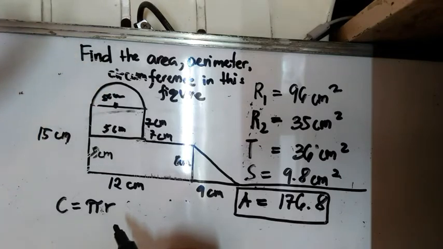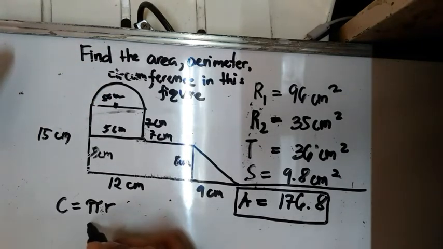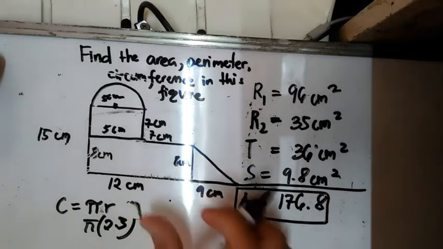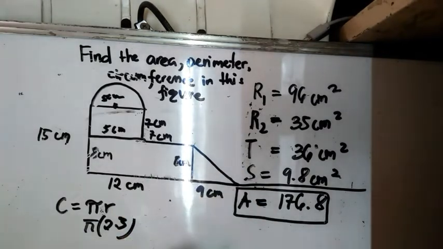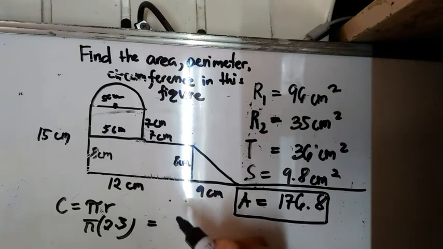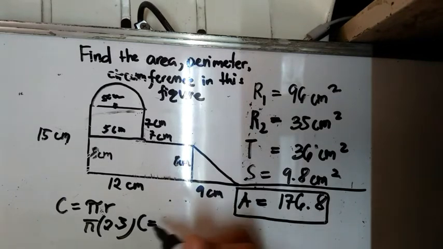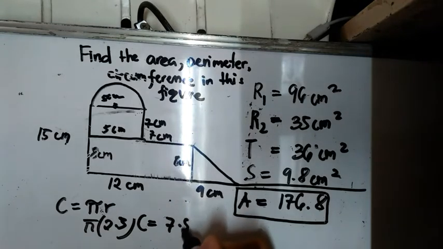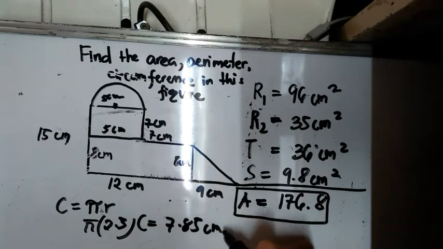The half of 5 centimeters is 2.5. So pi times 2.5 equals, the circumference is 7.85 centimeters.